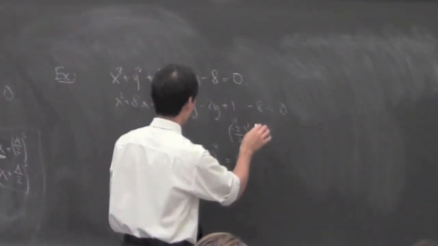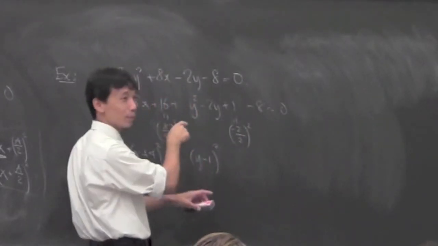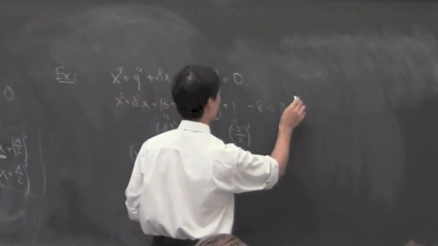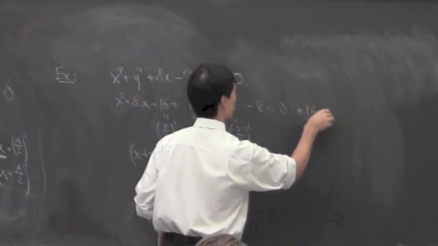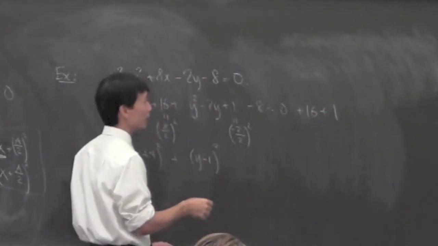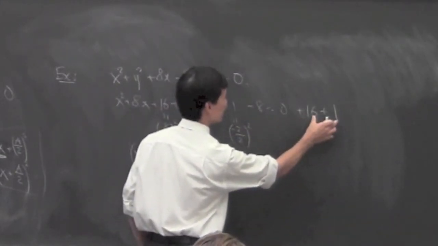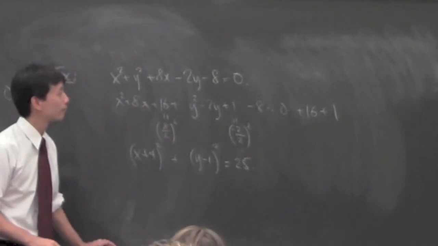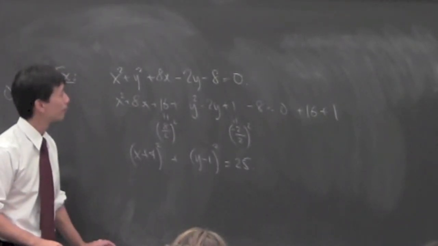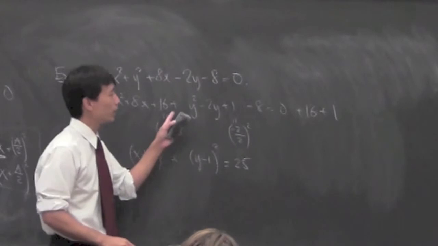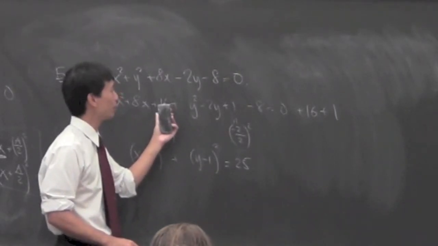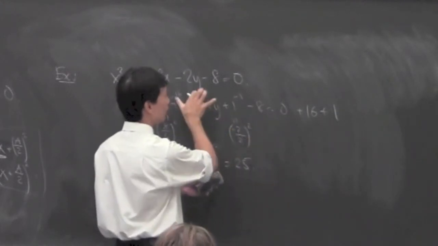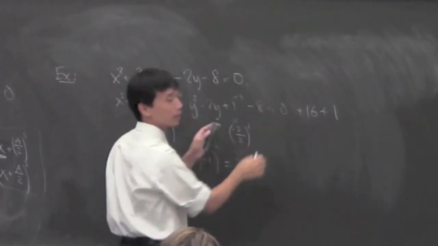And we have 8 on the other side. Oh, but I forgot. What am I doing? I was being crazy. I need to add on 16 and 1 to the other side. Otherwise, I'm doing something very illegal. So you get 17, you get 25. You can either say 16 minus 16, 1 minus 1 here, or I can move them to the other side.